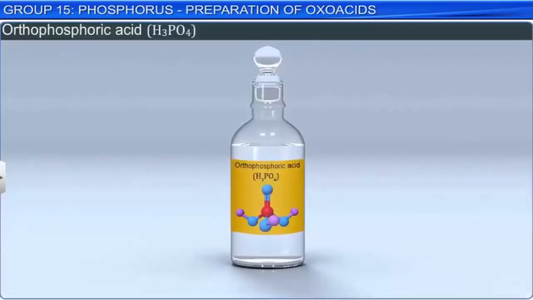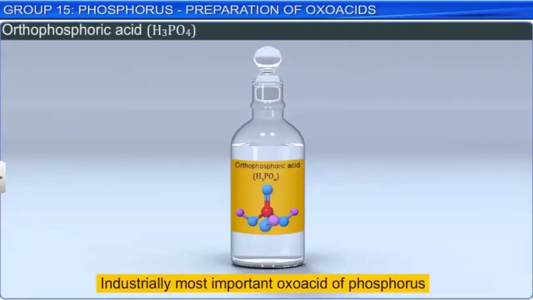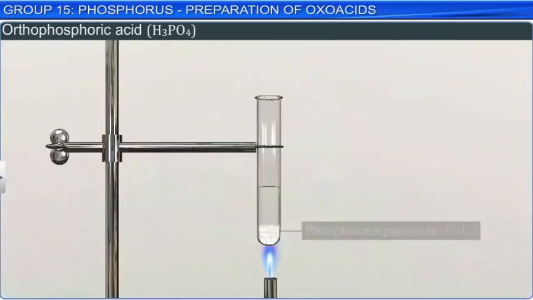Orthophosphoric acid, also called phosphoric acid, is industrially the most important oxo acid of phosphorus. It is prepared by dissolving phosphorus pentoxide in water and then boiling the solution.